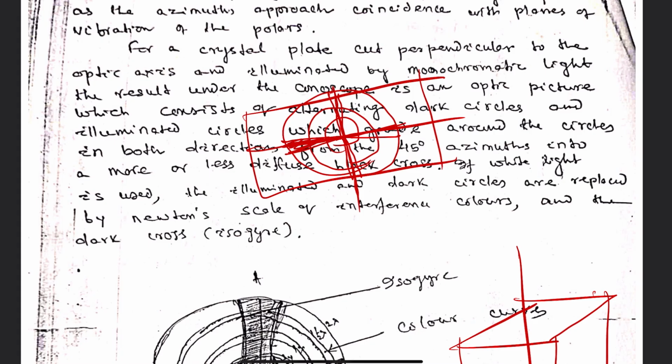The dark line will be almost parallel to the polars, and to its side shades of darkness gradually fade. Finally it becomes colored.